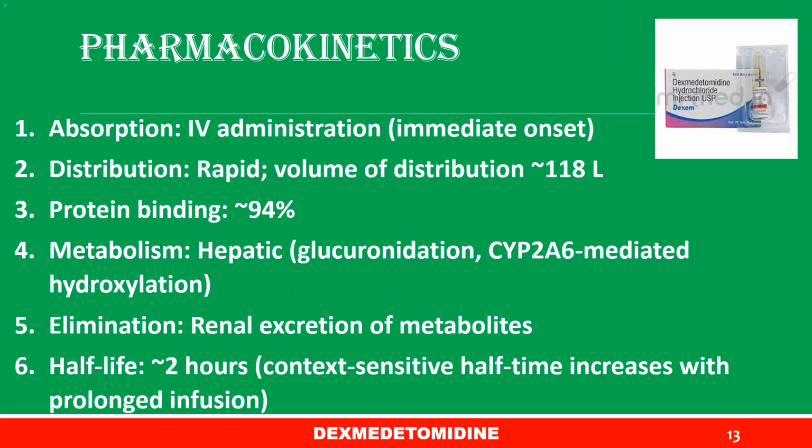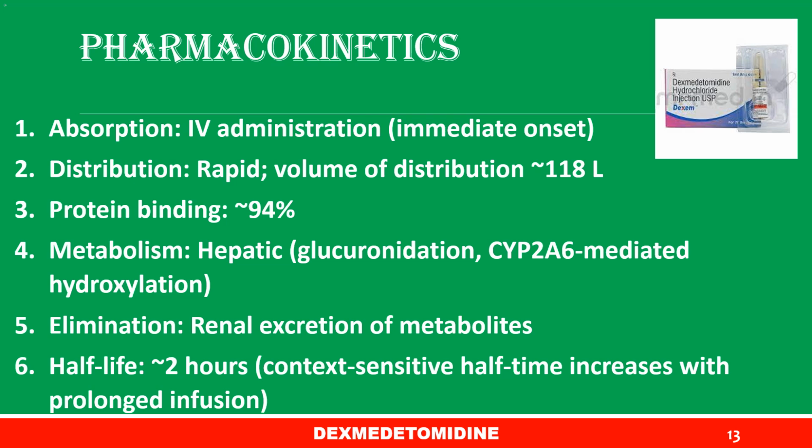Pharmacokinetics of dexmedetomidine. 1. Absorption. IV administration, immediate onset. Dexmedetomidine is given through a vein and starts working right away. 2. Distribution. Rapid. Volume of distribution approximately 118 L. Dexmedetomidine spreads through the body quickly. 3. Protein binding. Approximately 94%. Most of dexmedetomidine binds to proteins in the blood. 4. Metabolism.